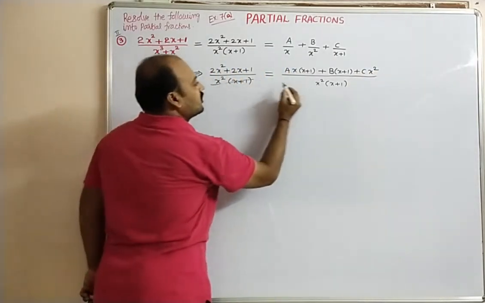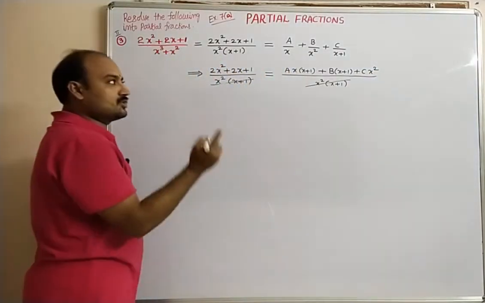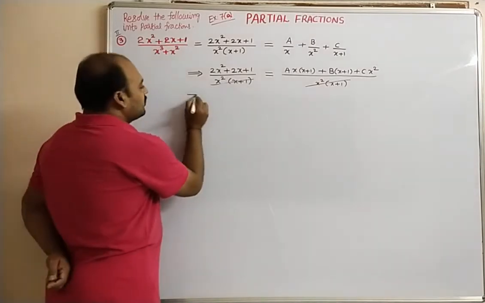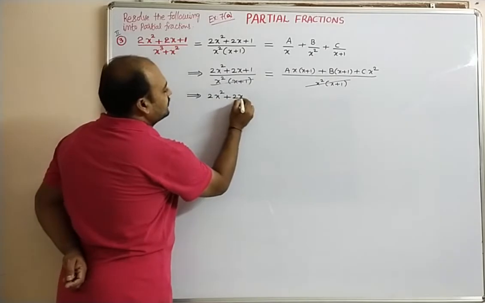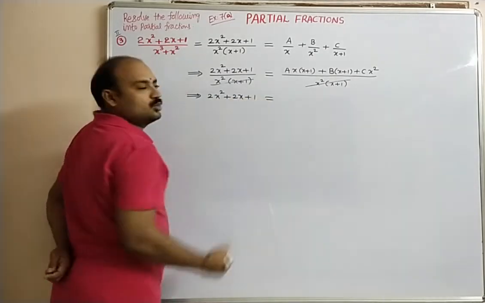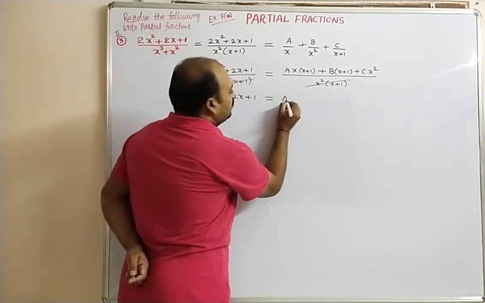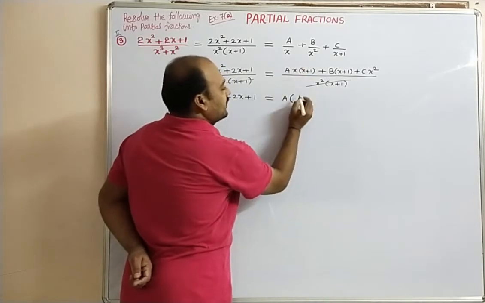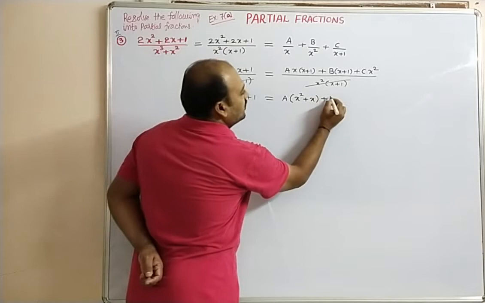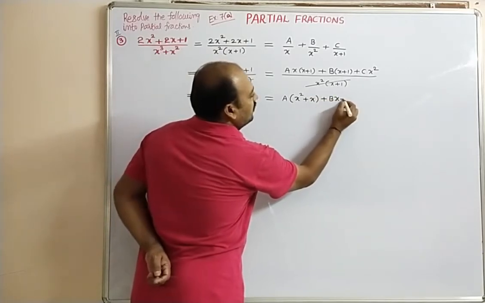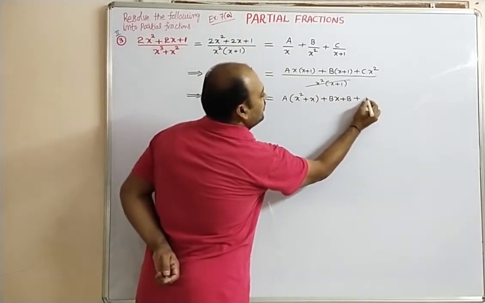After that, both the denominators you have to cancel, on both left and right sides. That implies 2x square plus 2x plus 1 is equal to A into (x square plus x into 1), plus B into x plus B, plus C x square.